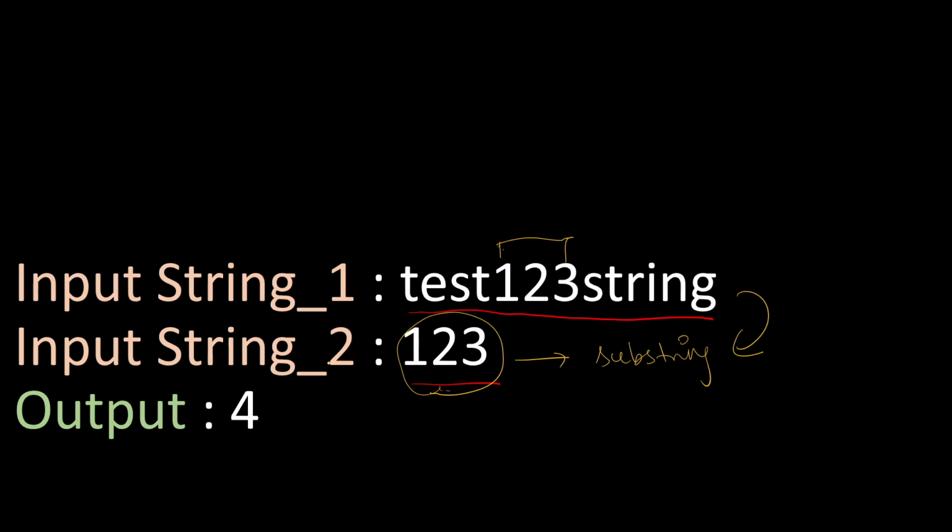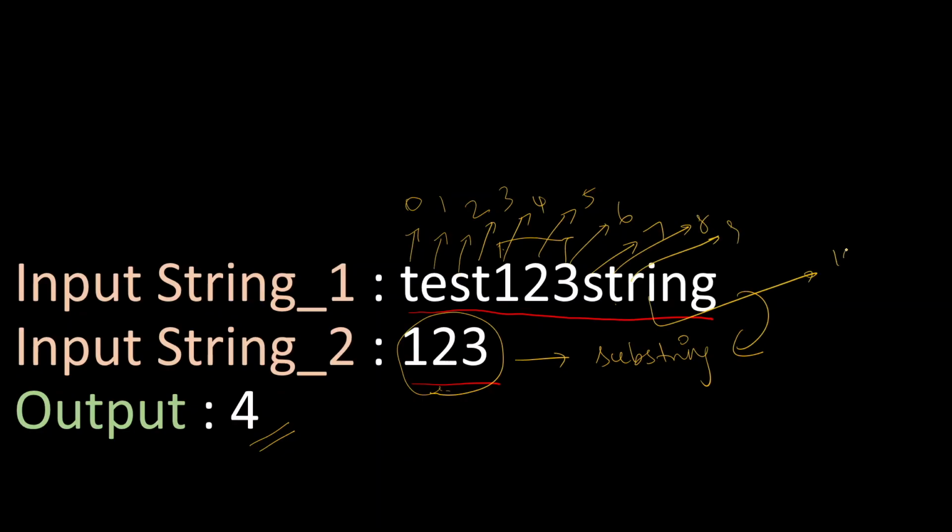Now, how have they derived the output as 4? Just see the index of input string 1. T is 0, E is 1, S is 2, T is 3, 1 is 4, 2 is 5 and 3 is 6, and this goes on, 7 and 8, then 9, then I is 10, N is 11 and G is 12.